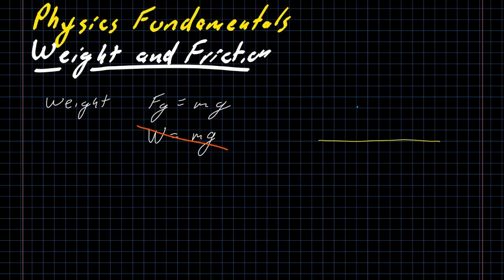If I have a crate sitting on the ground, this crate has a weight, right? There is some mass of this crate, and that mass is going to cause a gravitational force to be pointing downward, which would cause the crate to accelerate downward.